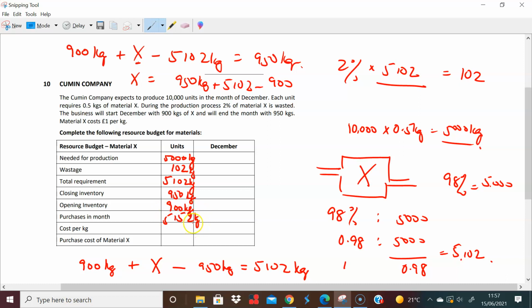The question says each costs a pound per kilogram, and therefore the cost is 5,152. Cool, great stuff. I'm going to try to do these answers in short form and save them so you have them. So this is question 10.